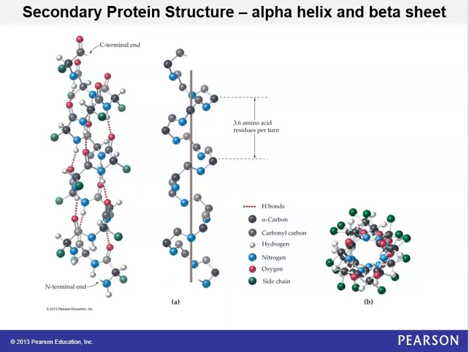Here's just an example, more of a ball and stick form of an alpha helix, and these amino acid residues as they're turning along an alpha helix. Interestingly, you can see all of these R groups, all of these residues, stick out the sides of the alpha helix, and they give the alpha helix a flavor of how it looks.